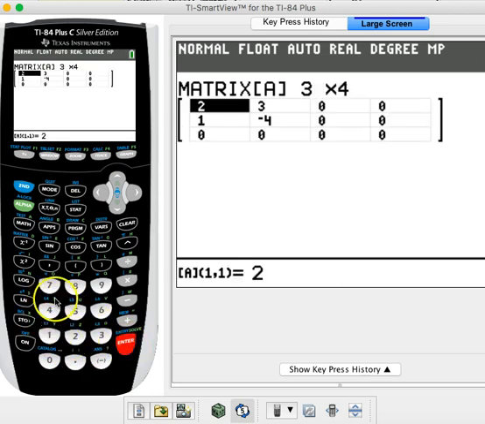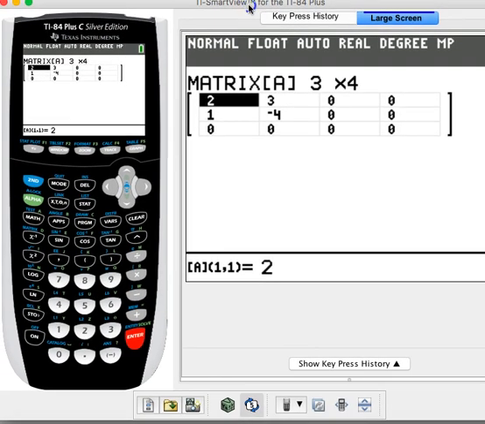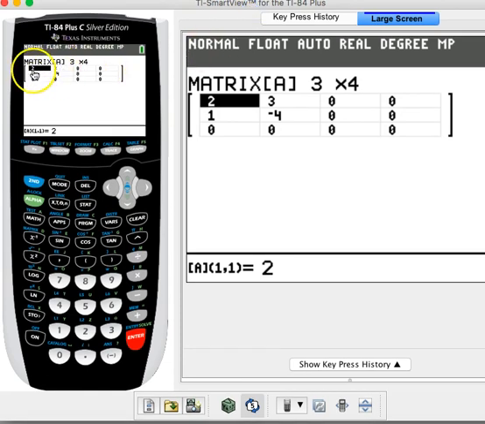You'll notice that when I do that, it automatically changes the size of my matrix. So if you have an older version of the calculator, the numbers are a lot bigger, so you probably won't be able to see the fourth column without scrolling. You didn't do anything wrong, it's just a different operating system. So now we're going to enter our augmented matrix, and you just press enter after every single number and it automatically scrolls through the rows and then skips to the next row when needed.